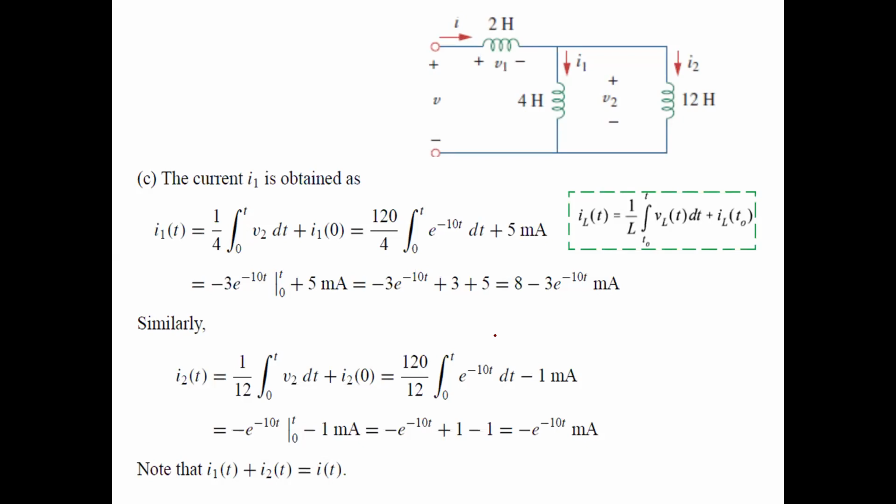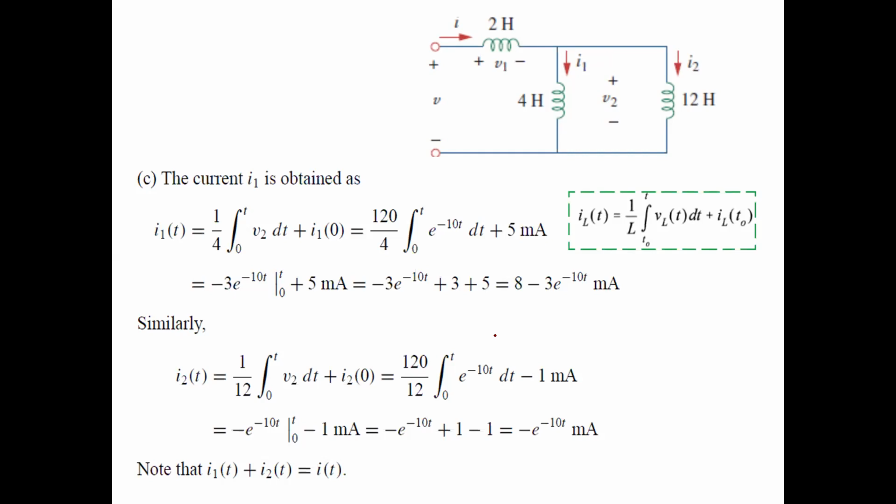So with this, our chapter 6 is over, which was about these elements. In this chapter, we learned how to calculate the energy stored in a capacitor, how to find the voltage of a capacitor if the current is given, and how to find the current of a capacitor if the voltage is given. Similarly, how to find the equivalent capacitance if capacitors are connected in series or in parallel. Similarly, in the case of inductors, we did the same.